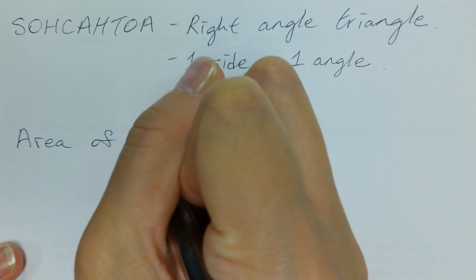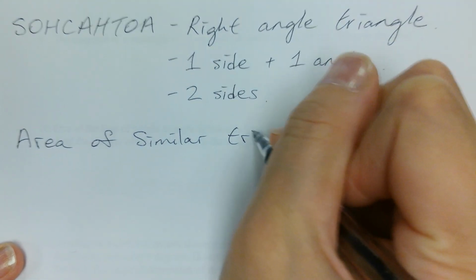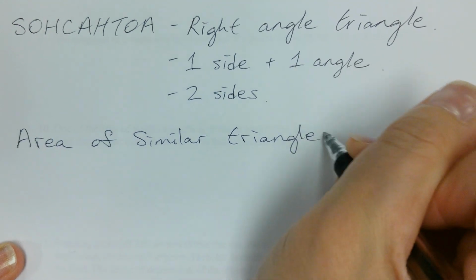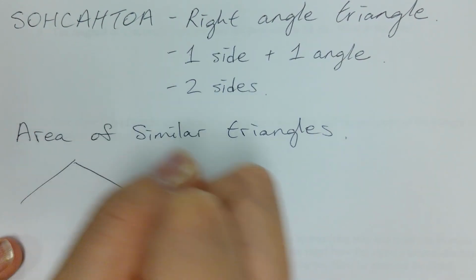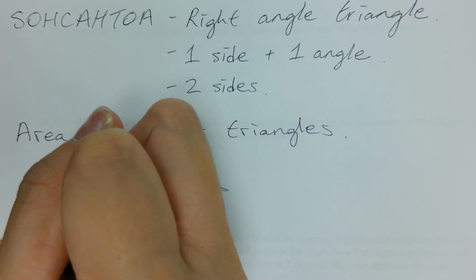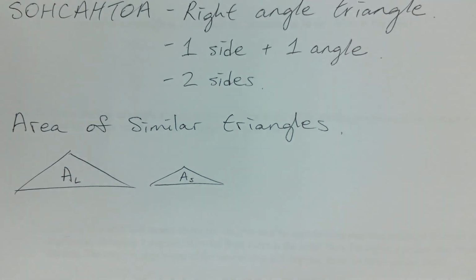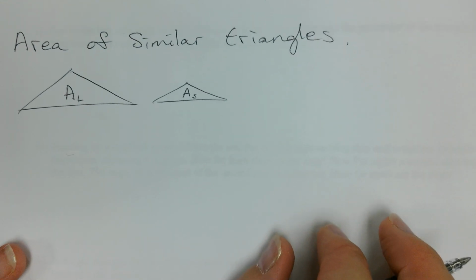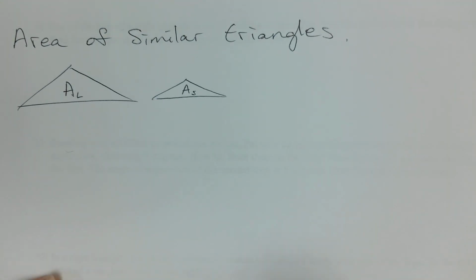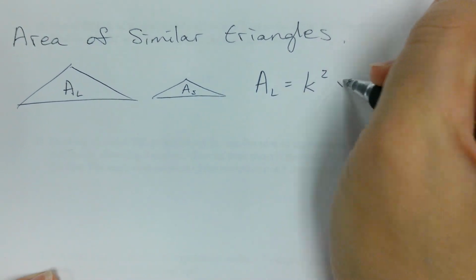Area of similar triangles. Okay, so let's say you have this. Area of the large, area of the small. What's the connection between the two areas? Good job.